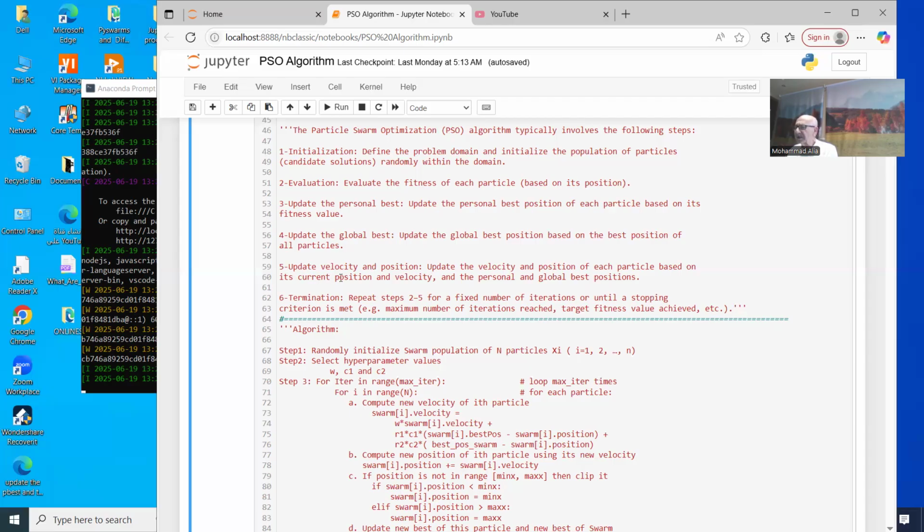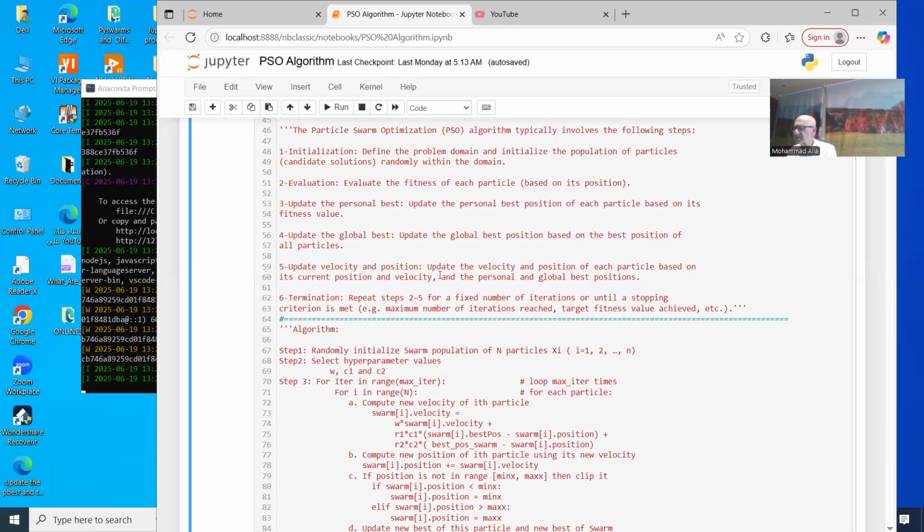We have then to update the velocity and the position of each particle. In order to update the velocity, we normally need to know the current velocity, the personal best position value, the current particle position, and also the global best position value.